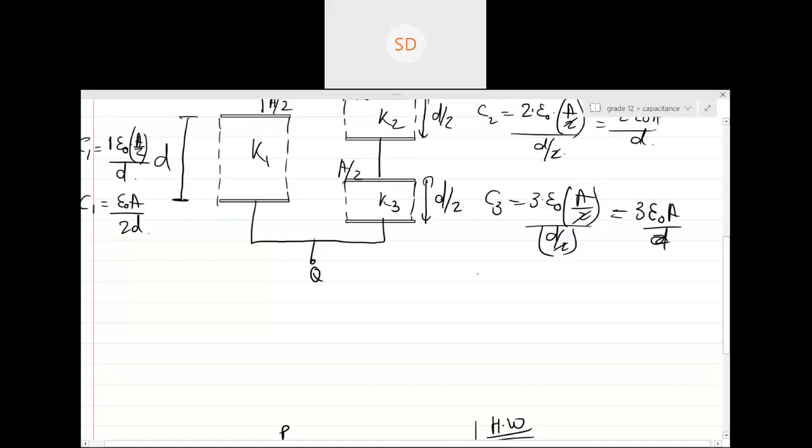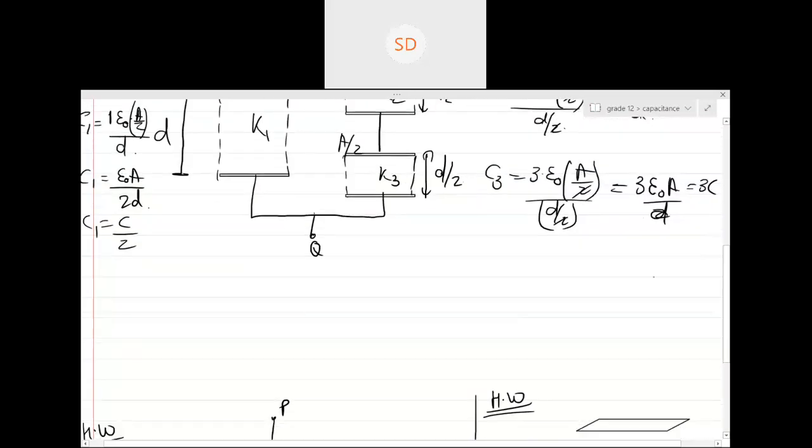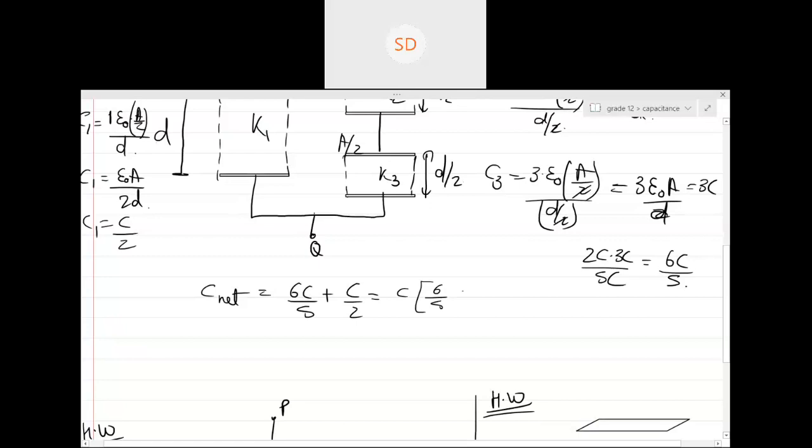So I'll just say this is your 2C, this is your 3C, and this is your C by 2, है ना? So 2C into 3C upon 5C is basically 6C by 5. Then 10, 12.